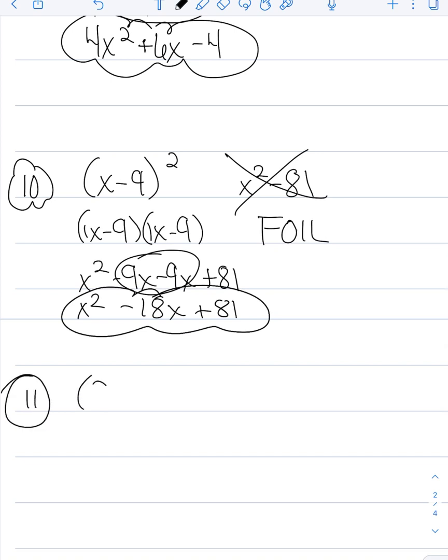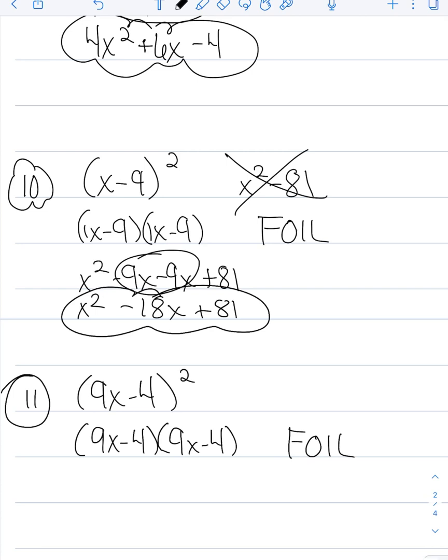So first we have 9x minus 4 squared. Remember, this means to rewrite it as 9x minus 4 times 9x minus 4. And then we're going to use our FOIL method to multiply. First, 9x times 9x is 81x squared. Outside, 9x times negative 4 is negative 36x.